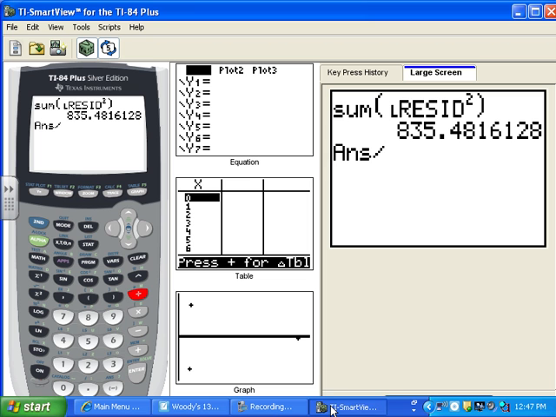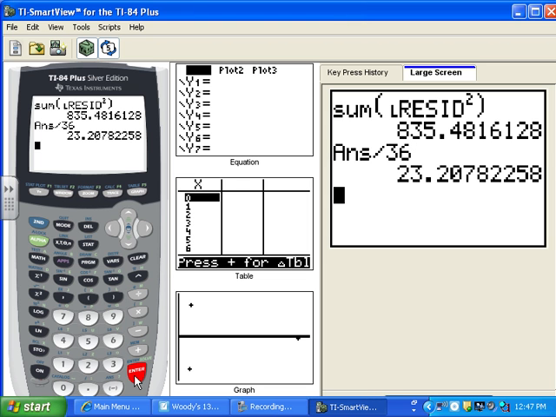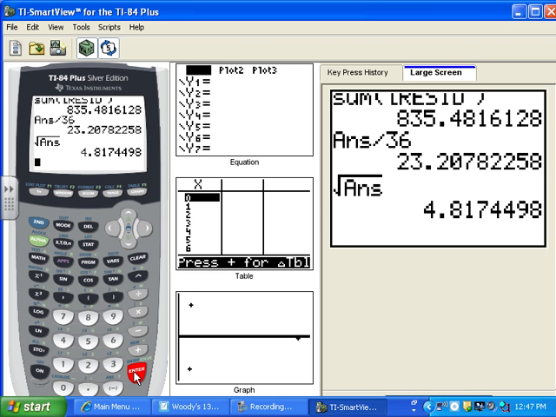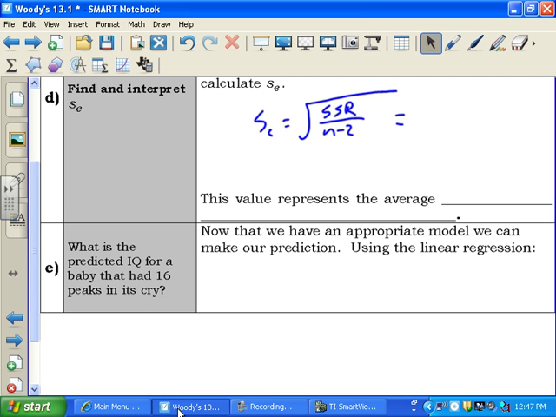You're going to divide that by 36, and then you're going to square root it. I got 17.49. It should be like 17 point something. 17.498.